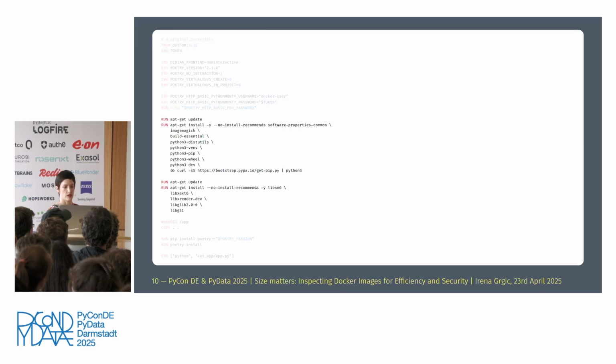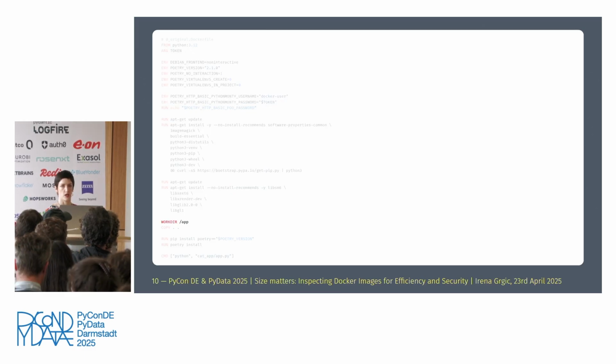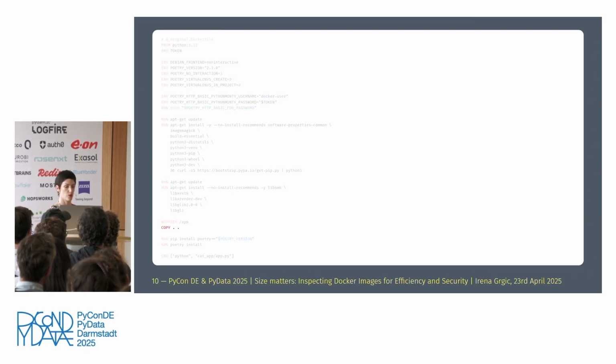Then we are installing some Linux packages. We are setting the working directory to be app. We are copying the entire content of the repository into the image. We are installing Poetry with a specific version, and we are using Poetry to install Python packages. And of course, in the end, we are starting the application. So this is our original Dockerfile that we will dig deep into.